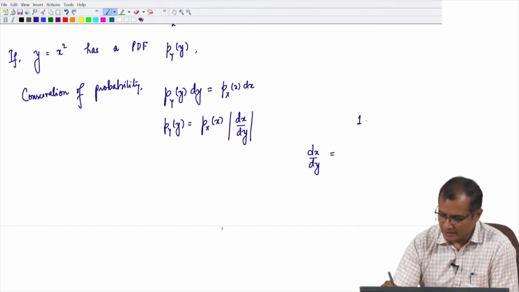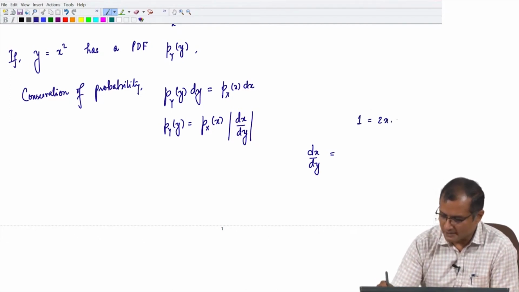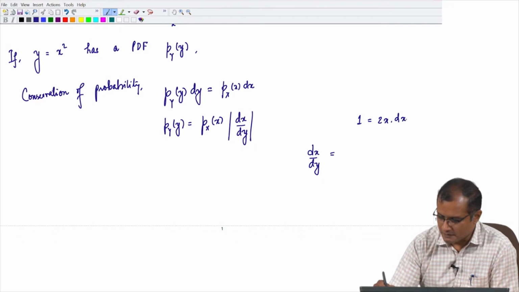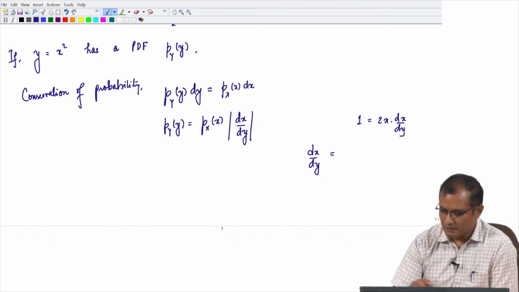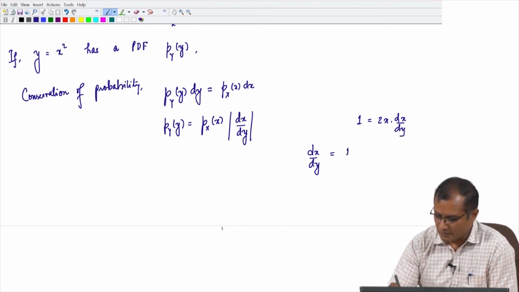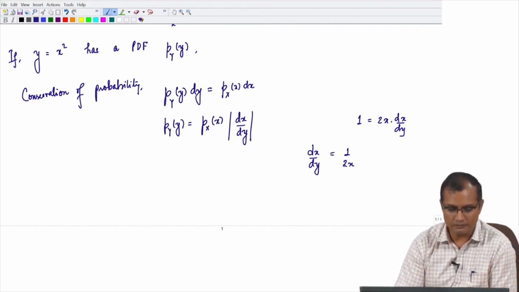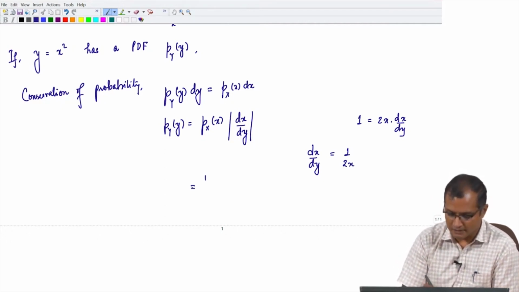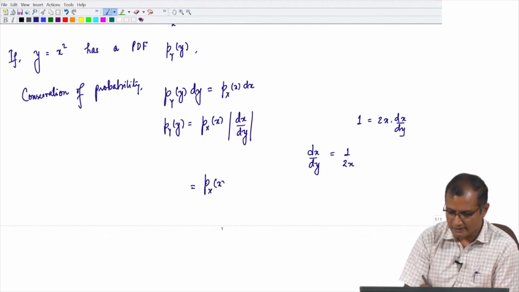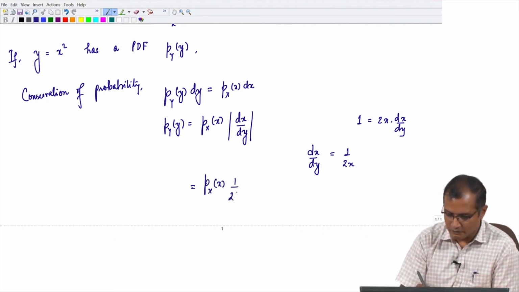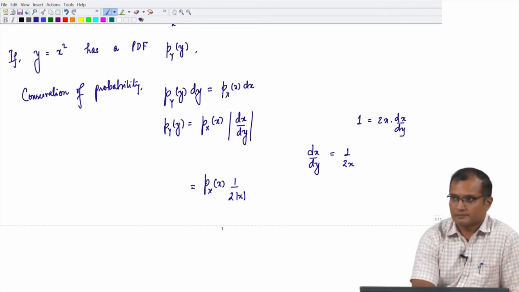So, I will get 1 equals twice x dx by dy. So, I can write this as 1 upon 2x. So, basically this is just p of x into 1 upon 2 mod x.